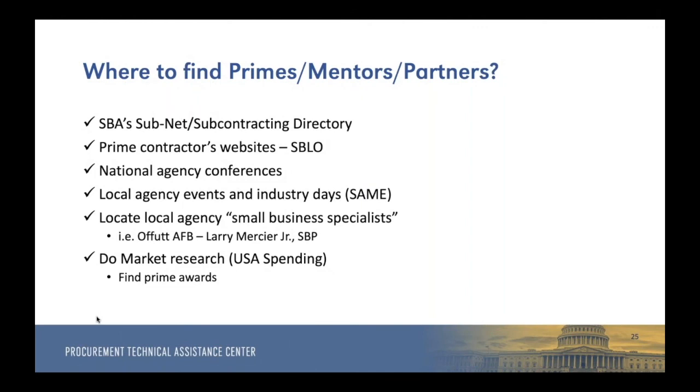And this is the individual where you want to send your capability statement and talk to them about opportunities, because they know what the specific agency that they work at is looking for, and they know the contracting officers, and they can put you in contact with somebody that's looking for something that you're trying to sell, whether it's a service or good.